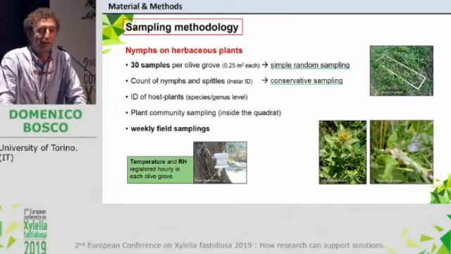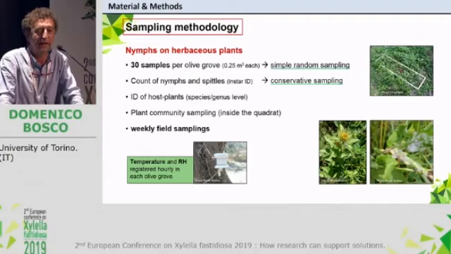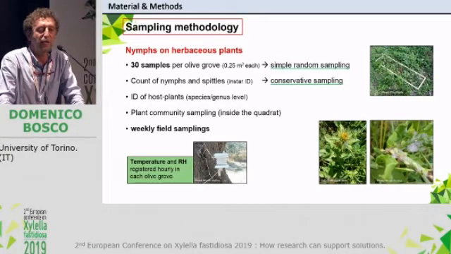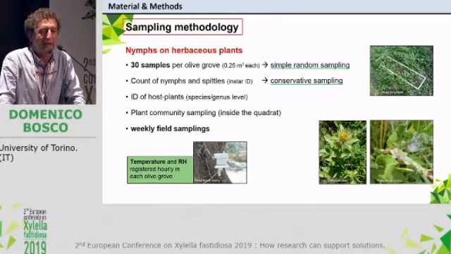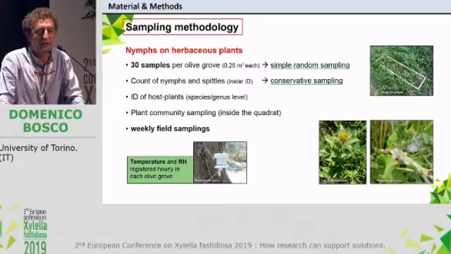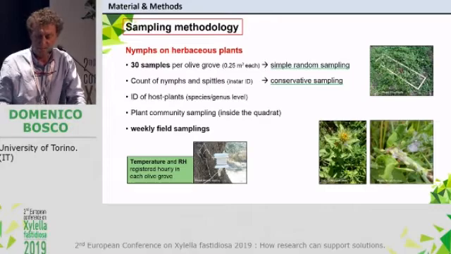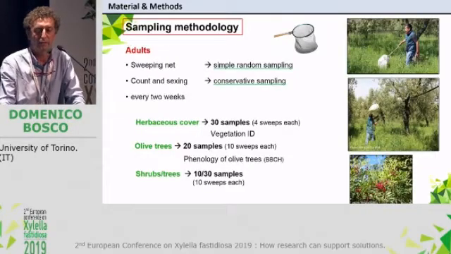I don't want to go too much into the detail of sampling methodology for the reason of time, but nymphs were, of course, spotted and counted by direct observation using a frame, along transects. They were counted with conservative sampling; we didn't take them. Each nymph was associated with its host plant, and sampling was done weekly.